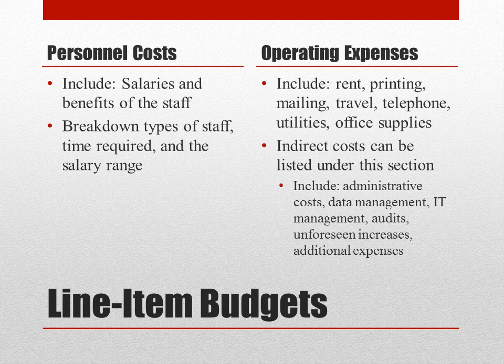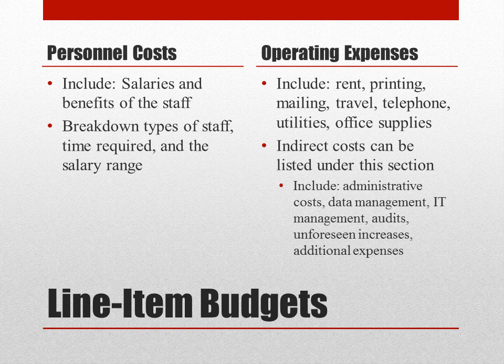Time required is the time required in each personnel category, such as a full-time position, half-time position, or part-time position. Sometimes this will be requested as a percent of time. This is expressed in a percentage such as 50% for a half-time employee. Salary range, of course, is the range of salary an employee will receive.